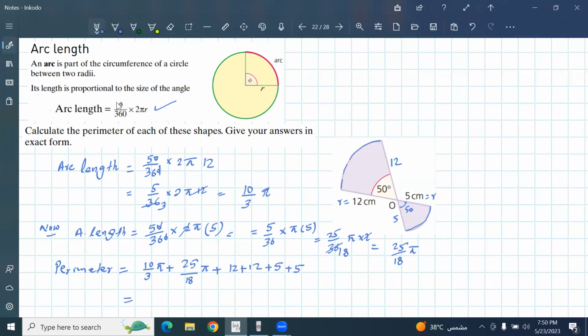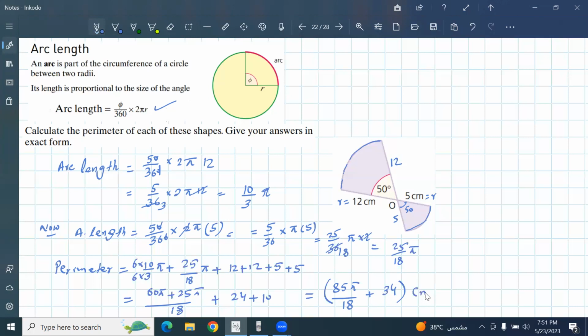If we add all, try to make the denominator the same, multiply by 6 on both. So we have 60 pi plus 25 pi over 18. 12 plus 12 is 24 plus 10. That gives us 85 pi over 18 plus 34. And this is the exact answer.